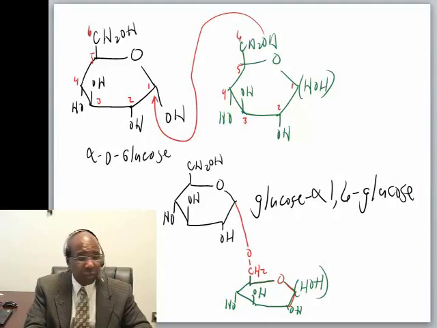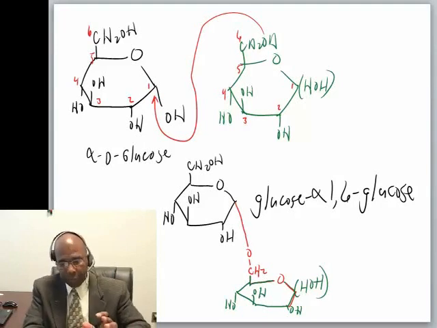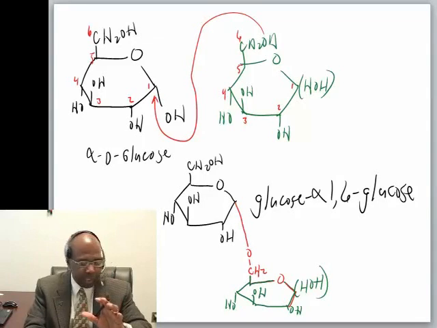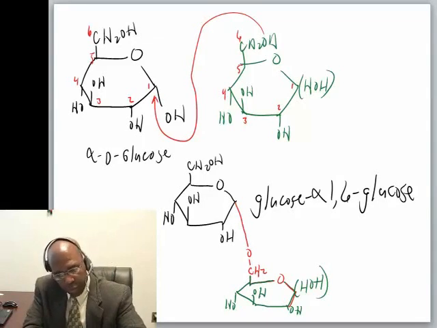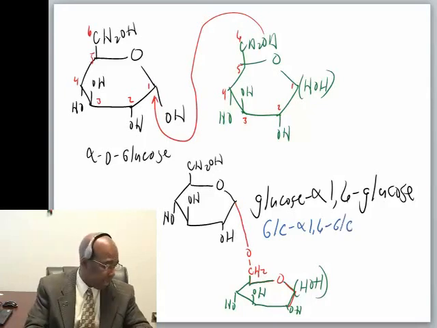Now we can use a shorthand for things like glucose. So we could also call this GLC, glucose, alpha 1,6 glucose. And you'll see that sometimes.